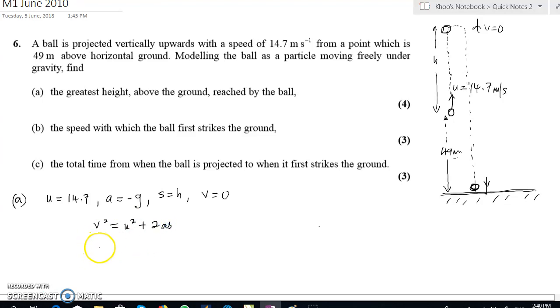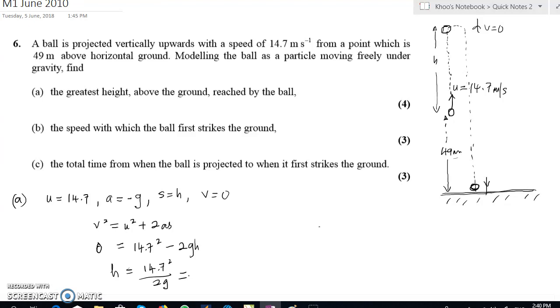So fill it in. This is 0, u is 14.7, squared, minus 2gh. So h should be equal to 14.7 squared over 2g. That gives us the first part of the answer.